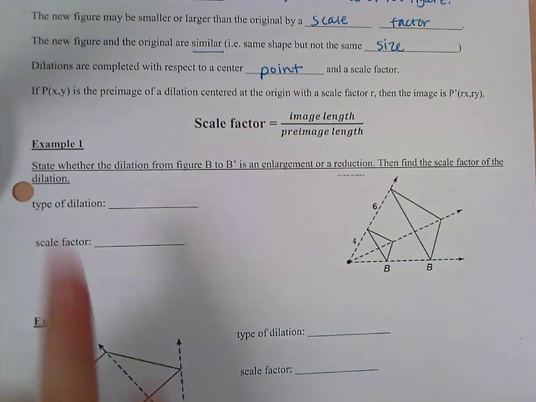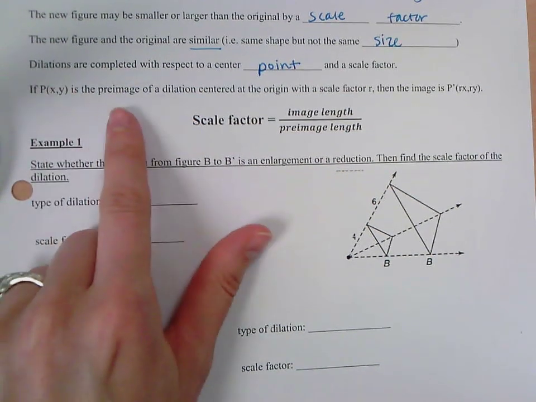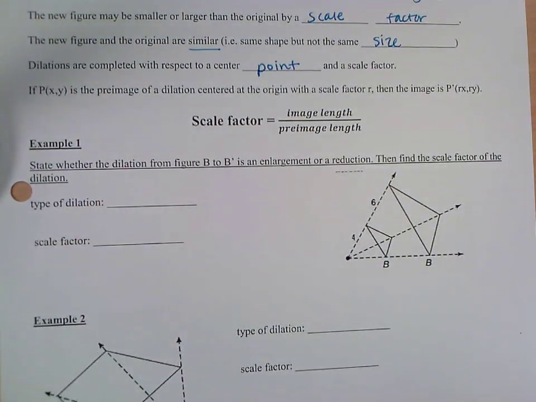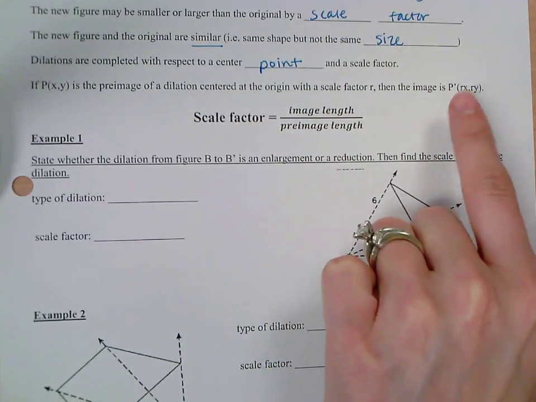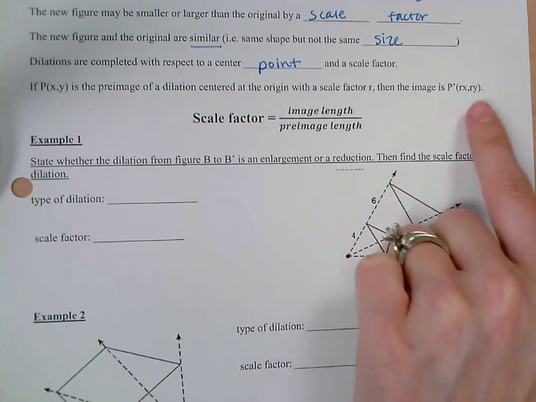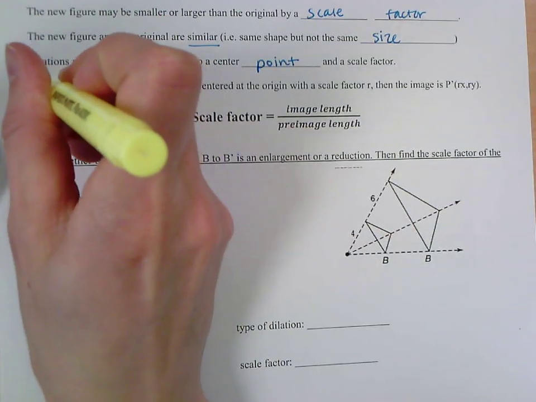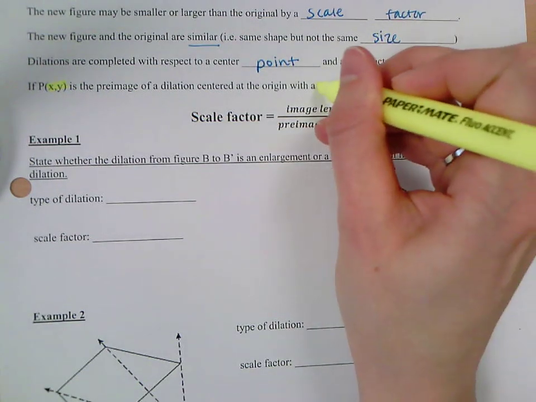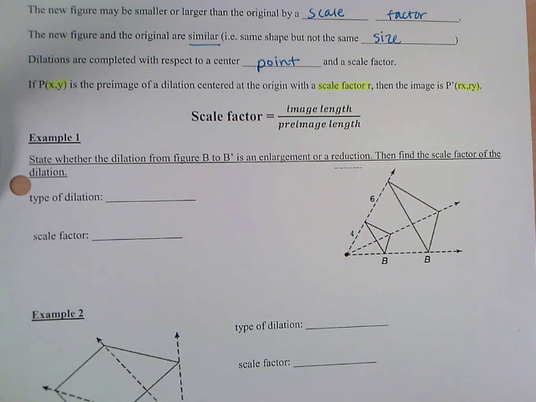So then it gives us if point P just has coordinates x, y, if that is the pre-image of a dilation centered at the origin with a scale factor of r, then the image is P prime, and this is how you find the image. So you go from x, y, scale factor is r, both of the coordinates in the ordered pair are just multiplied by that scale factor, and that's how you would graph a dilation.